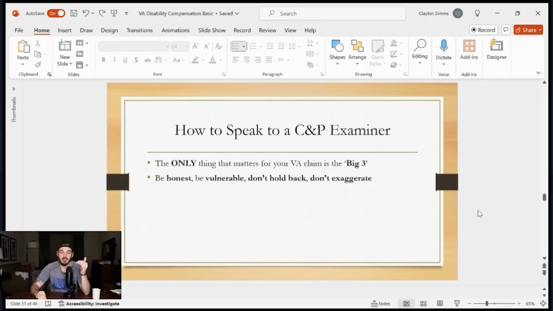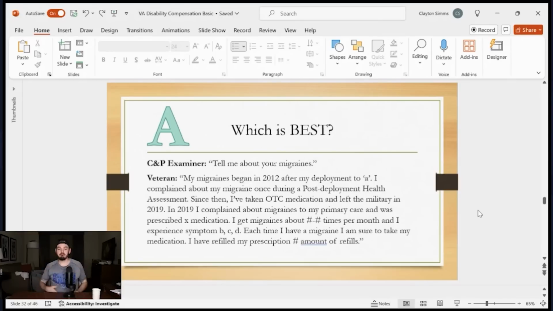I'm going to give you a scenario and a question so you can make that determination. Which is best? Here's scenario A. The C&P examiner says, tell me about your migraines. You're the veteran in that office, and you say, I'm just going to read this out loud: my migraines began in 2012 after my deployment to wherever. I complained about my migraine once during a post-deployment health assessment.